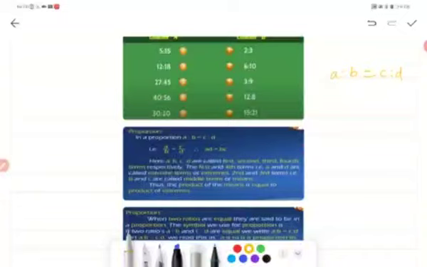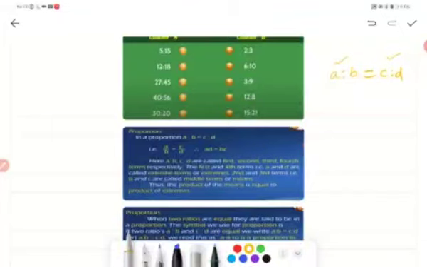So you represent it like this: A is to B is equal to C is to D. This means A is to B is in proportion with C is to D. For example, what we have seen in the video: the number of students, the ratio of the number of boys and the number of girls, and then the number of total books and the books in the bag of the student.